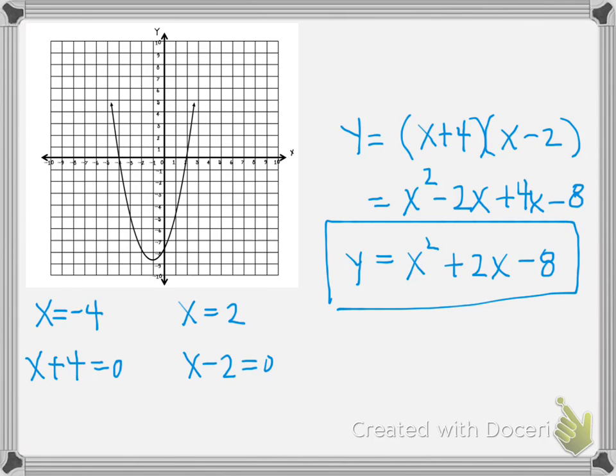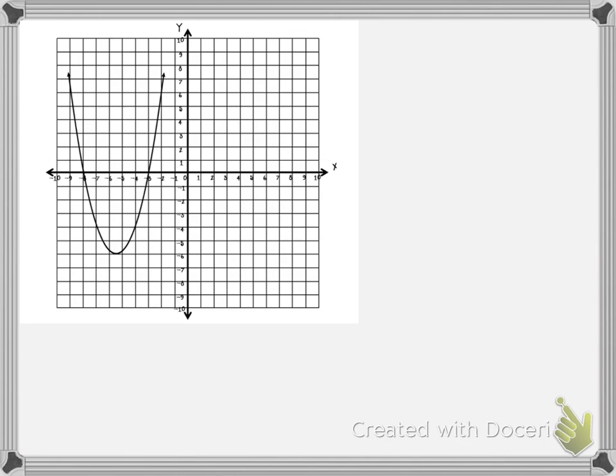Okay, let's do one more. Okay, so the roots here, we have one is x equals -8, and the other one is x equals -5. So we move it over, so it's going to be x plus 8. Move it over, x plus 5.